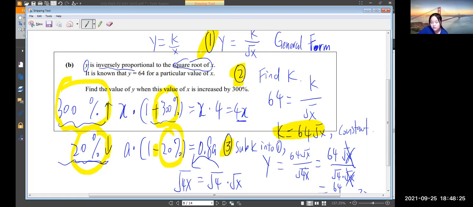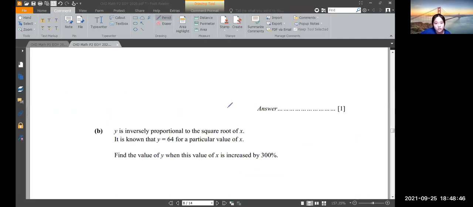If they don't, one way is you can give yourself an easier number. That's why I asked you to choose 100 last time, for the speed.